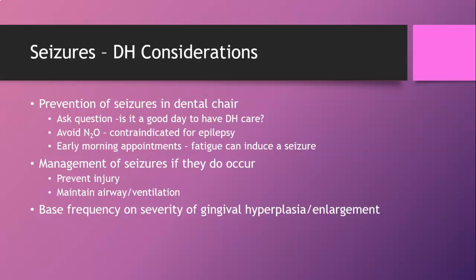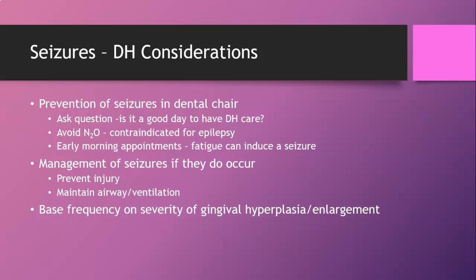And then base frequency on severity of gingival hyperplasia and enlargement. So the frequency of their visits will basically come down to how is their oral health in general? Like, is their gingival hyperplasia just really bad and we need to see them more often to help them minimize that and help reduce it and maintain oral health?